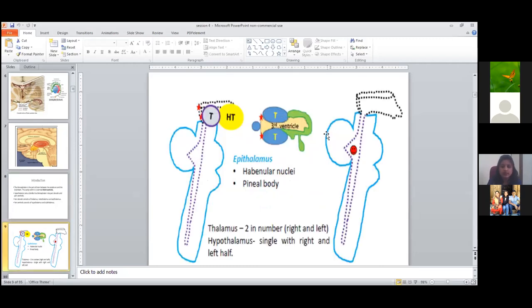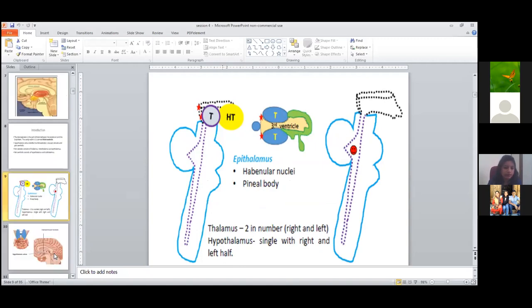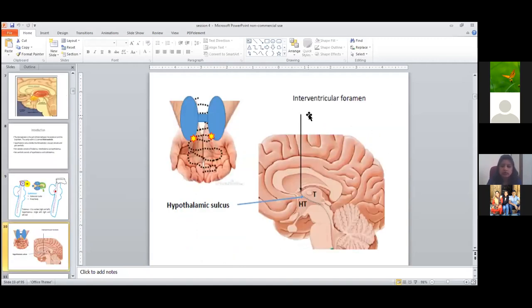So these are the divisions: the epithalamus and thalamus, which has two parts, right and left. The hypothalamus is single with a right and left half. Here is the interventricular foramen, this is the hypothalamic sulcus, and this is the thalamus. The two thalami are connected by what is called the thalamic adhesion.